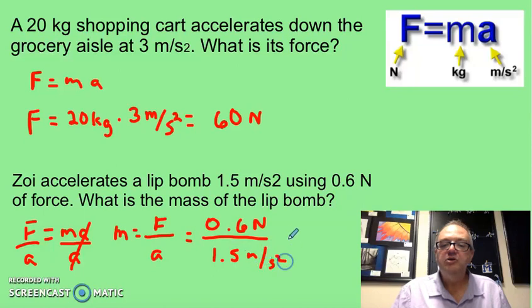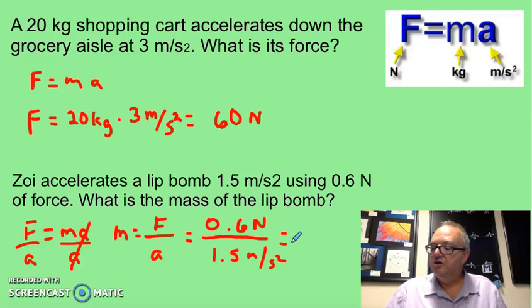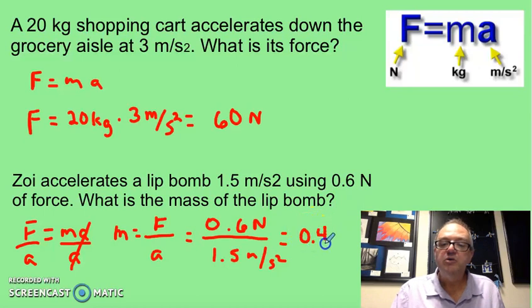And this is not one you can do in your head, but I'm going to go to a calculator and complete this. So all I have to do is type in 0.6 divided by 1.5 equals, and that's going to be 0.4. And what is the unit we're going to look for? Mass is going to be in kilograms.